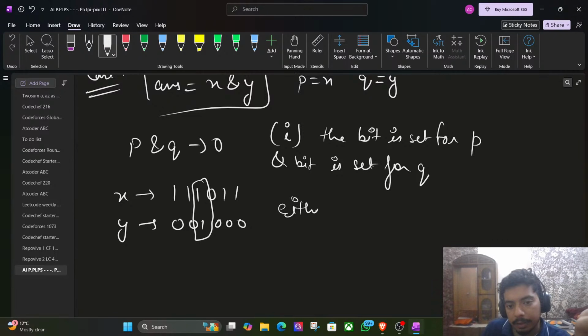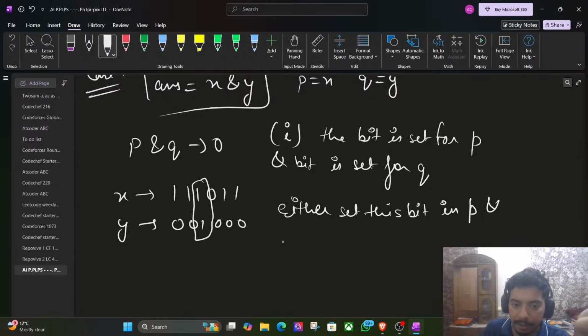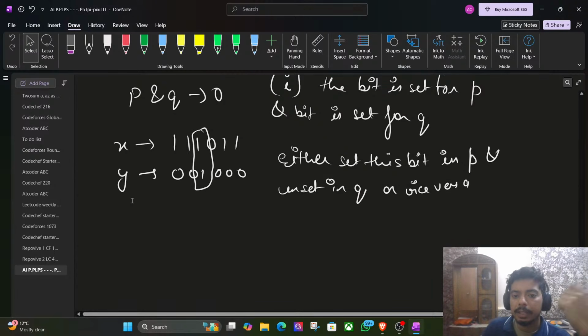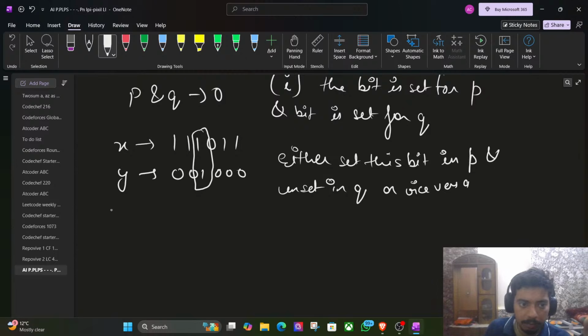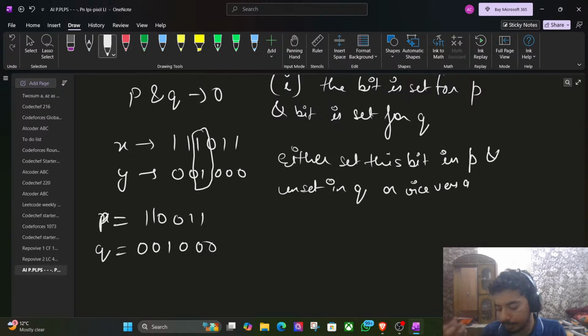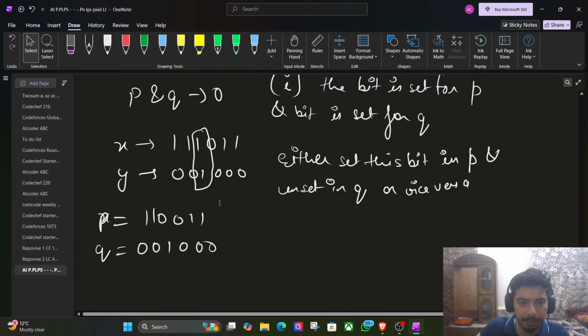Either set this bit in P and unset it in Q, or vice versa. Either you can set this bit in P or you can set this bit in Q. So I can write my P as 10110011, and I am setting this bit in Q, so 0010. So this AND will give me 0, and the answer is minimum for some test cases. So this is my second case which I can think of for this problem.